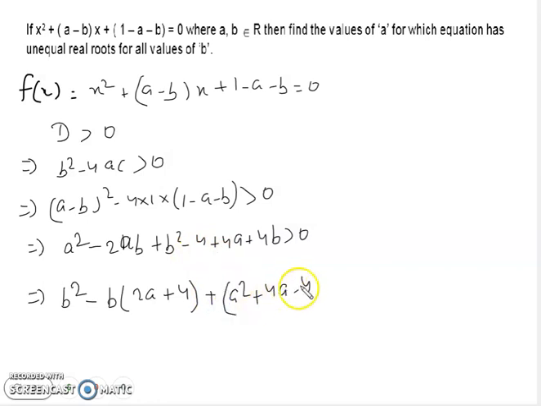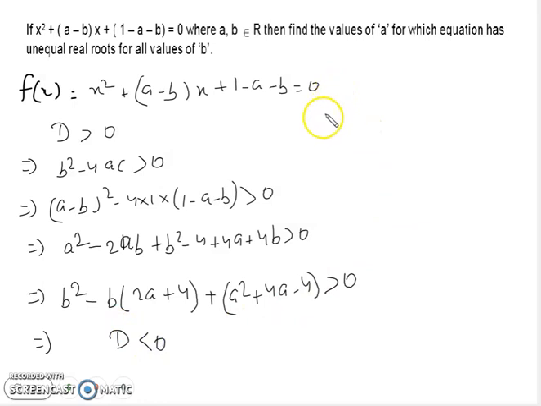Now it is also in the form of a quadratic equation, where instead of x, b is present. And now D is less than 0.